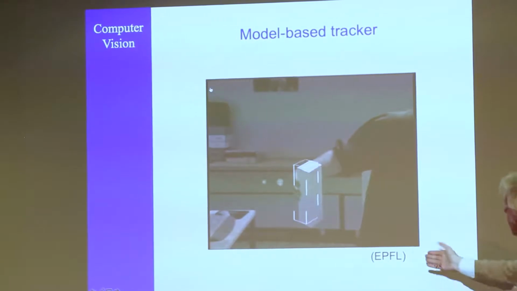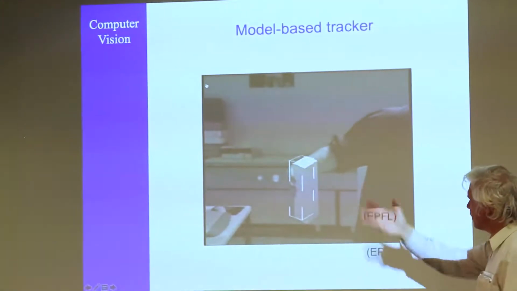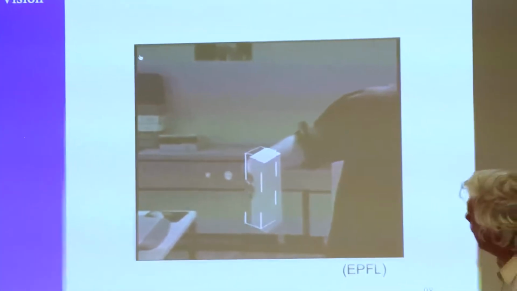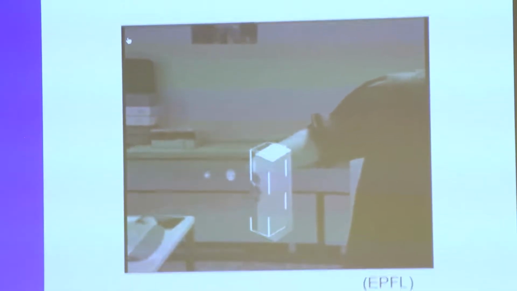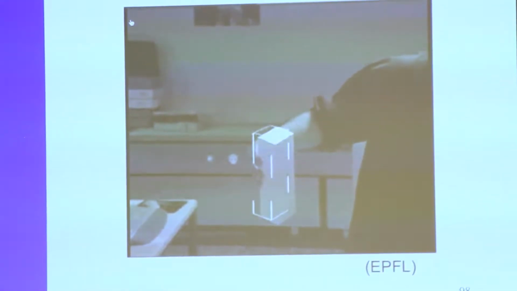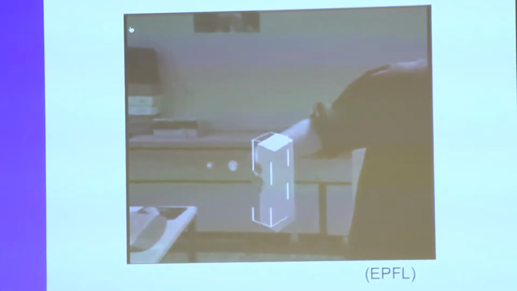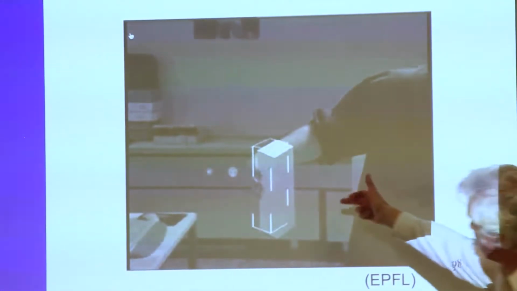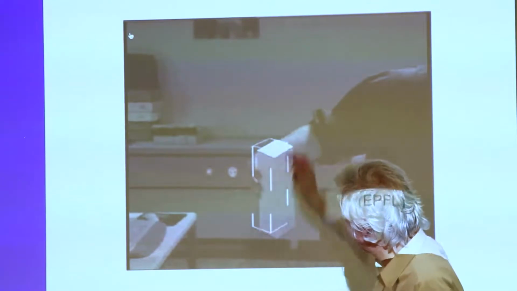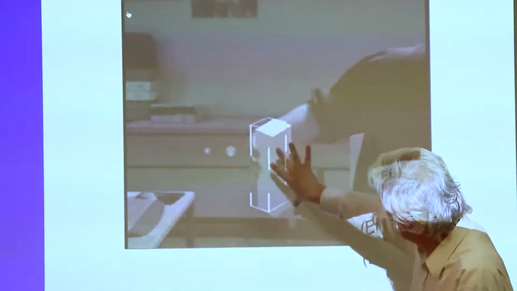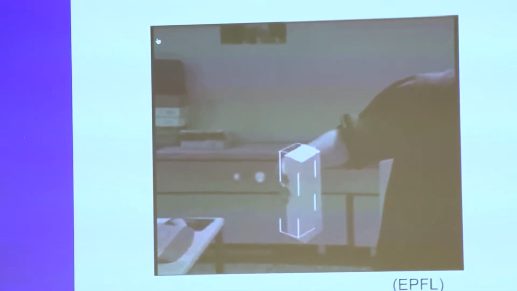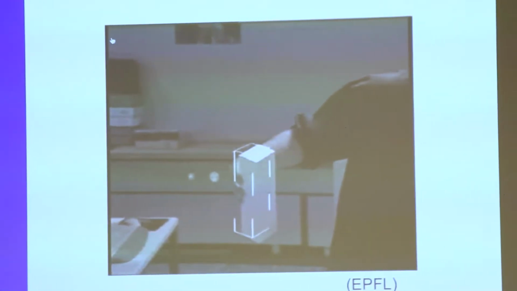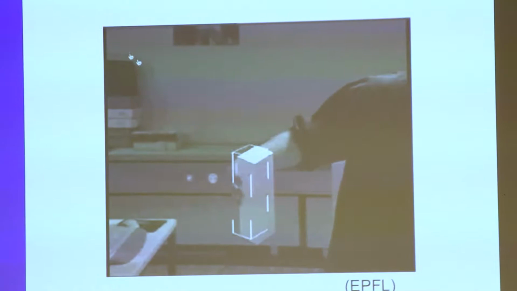It was done at EPFL here by our friends in the West. So we have an object, and we know what it is like. So this is a kind of polyhedral model. You see some of the straight lines being highlighted, and it's fitted to the image, and then by keeping it fitted to the subsequent frames, you can know how its motion must be in 3D.